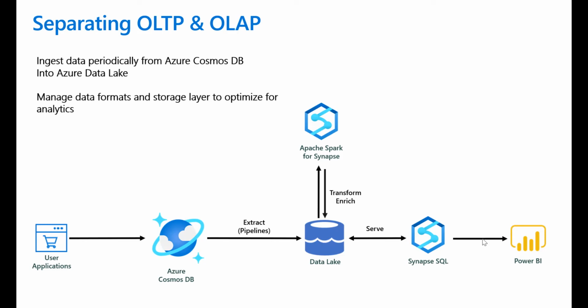This way, Apache Spark, Synapse SQL or reporting tools will run only on the dataset that is exported to Data Lake, and it will not impact Azure Cosmos DB storage.